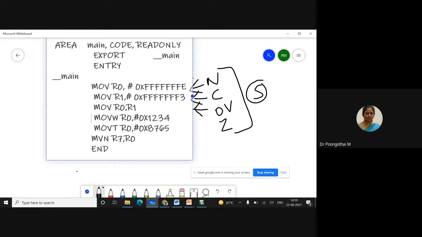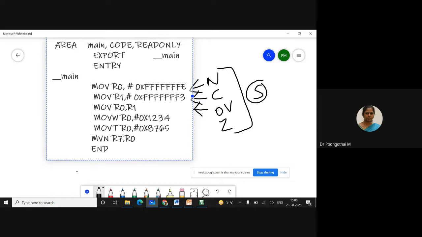So what will be the content of R0 now? The R1 content is copied into R0, so R0 is updated with 7x followed by 3.